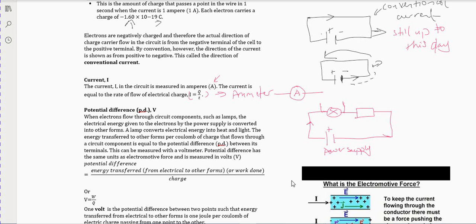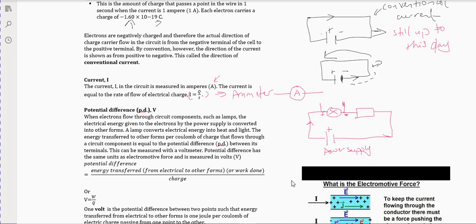difference. Now, one of the reasons why we call it potential difference is because at this point, this is the positive potential of my bulb, and this is the negative side.